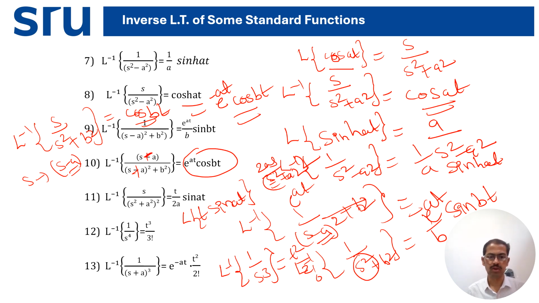Now in place of s, s plus a is there. So just add e to the power of minus at. Like this, from the Laplace transform we are deliberately writing the inverse Laplace transform.